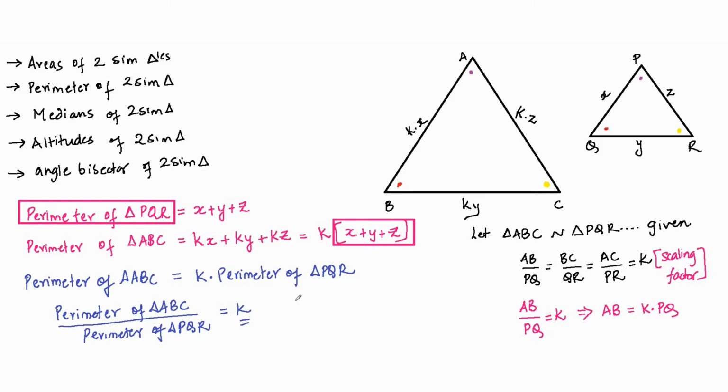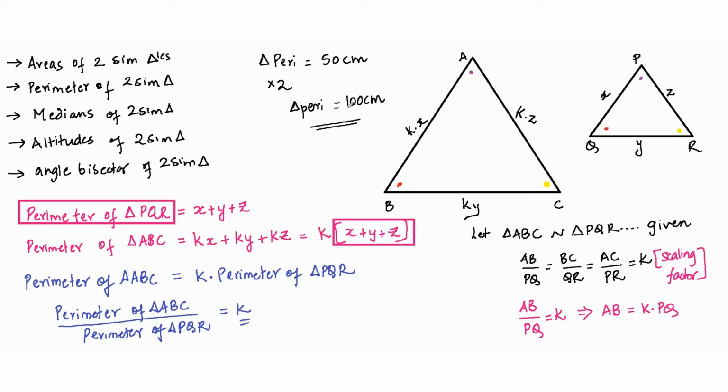If you are multiplying all sides by a factor of 3, then the perimeter will also get multiplied by a factor of 3. So suppose you have a triangle whose perimeter is 50 centimeters and you are doubling all the sides, then the perimeter of the new triangle will become 50 times 2, that is 100 centimeters.